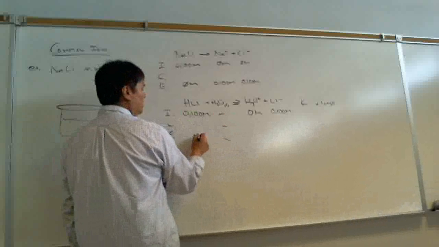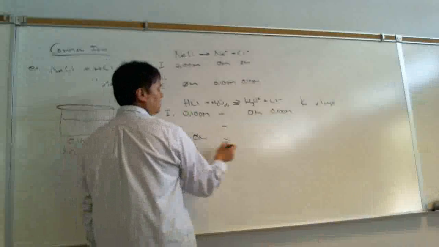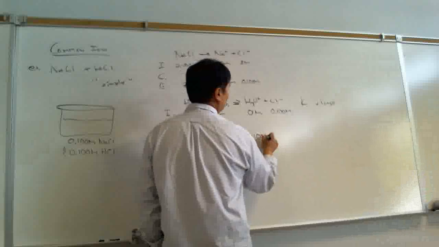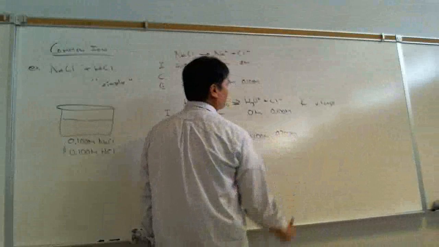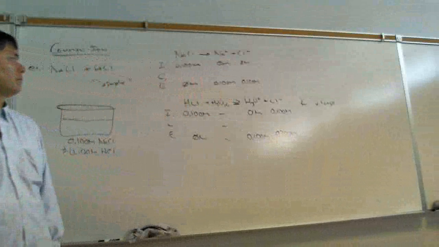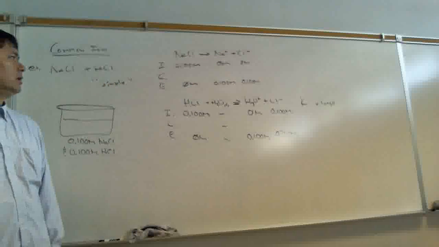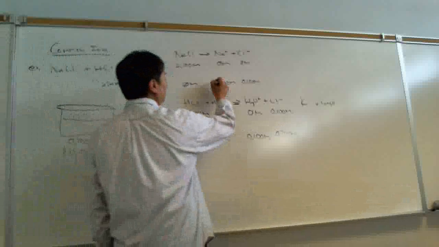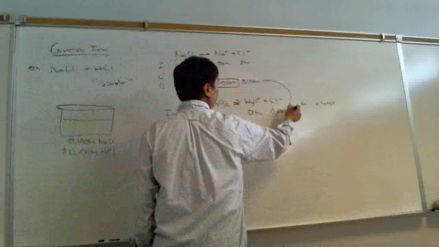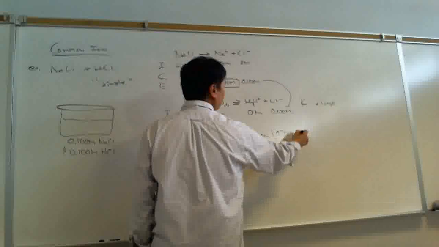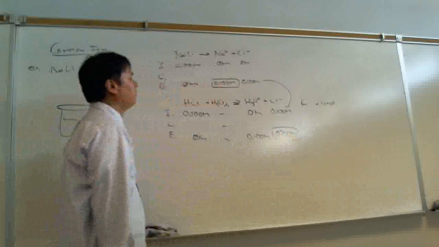And so we lose all of this, we form 0.100 molar here, and then we're going to form 0.200 molar here for the chloride. And so far I've generated 0.100 molar sodium. This chloride goes down here, and now I have 0.200 molar chloride.